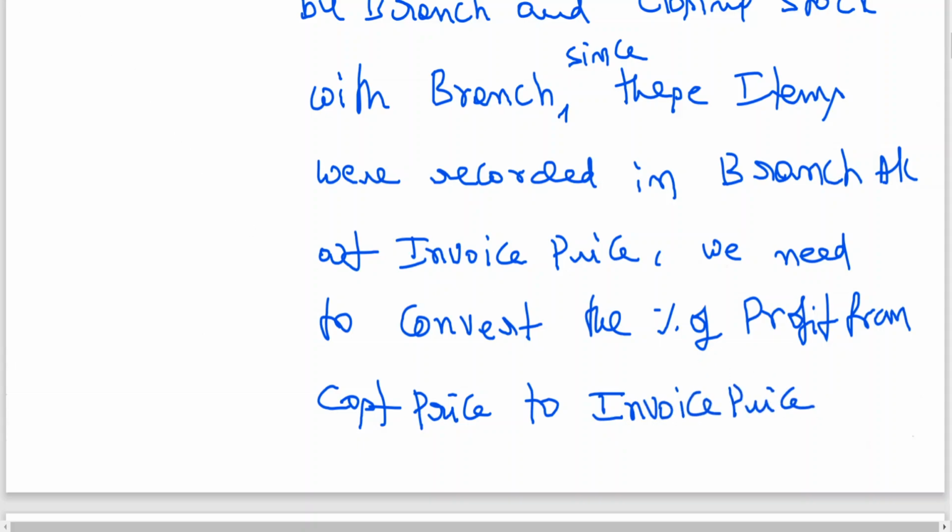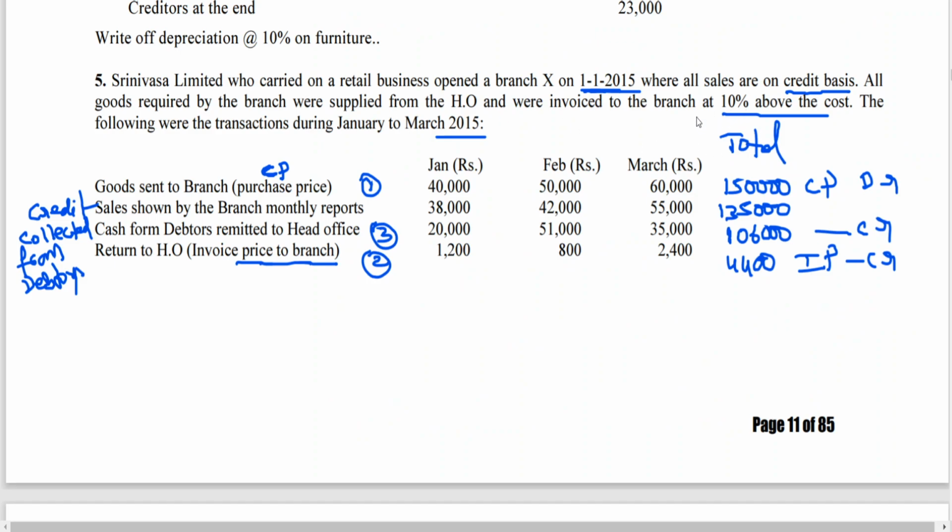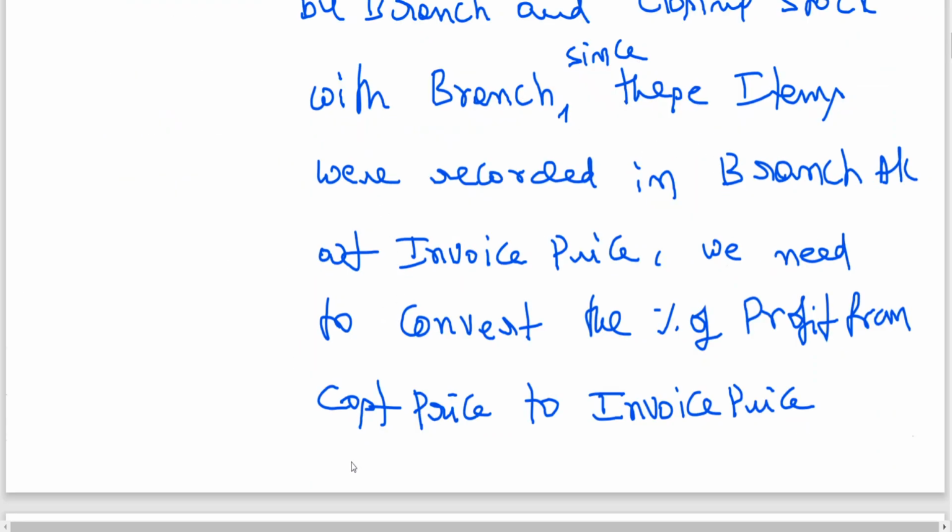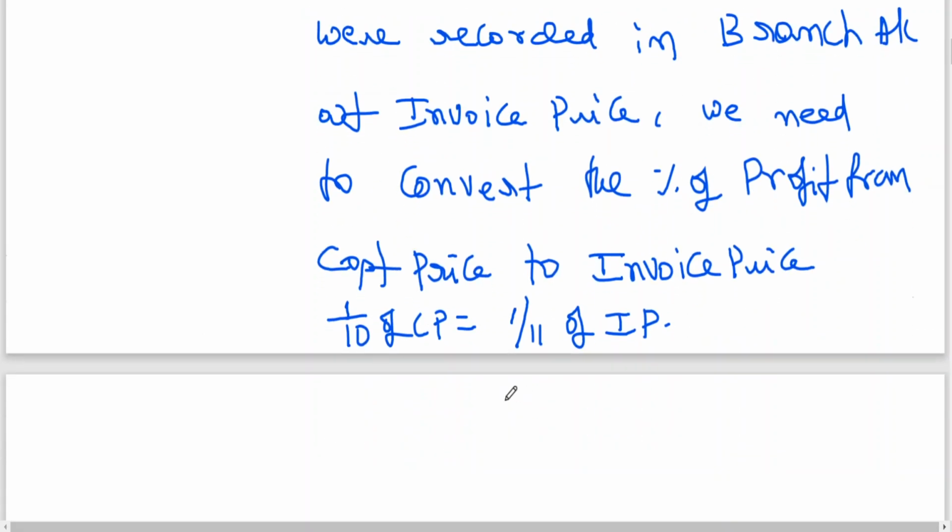You can see that percentage of profit was given on cost price, so I have to convert this into invoice price. How, sir? 1/10th of CP is equal to 1/11th of invoice price. Clear to all of you? Now we can work out. Now we can start doing the problem.